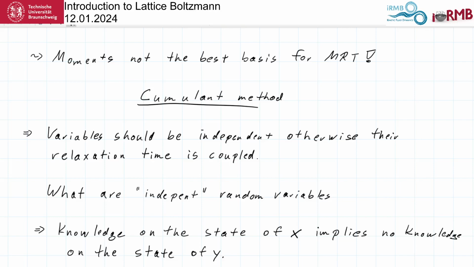So for example, if I see you and you have black hair and you may have, say, a sister, then by knowing you, I know that the probability that your sister also has black hair is high, even though your sister may have blonde hair.